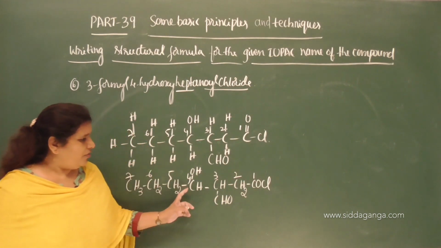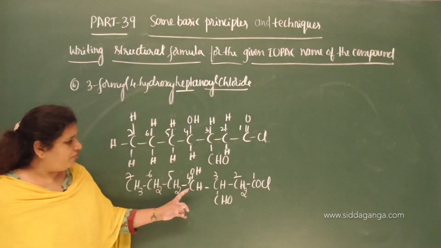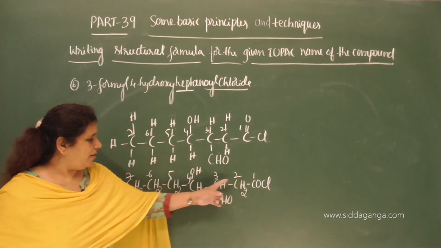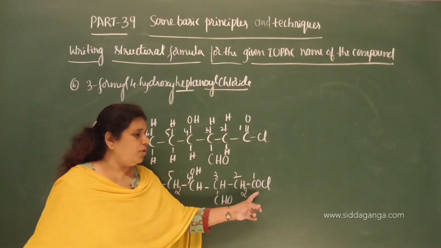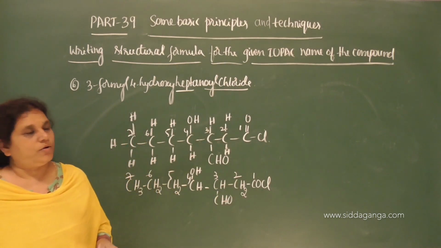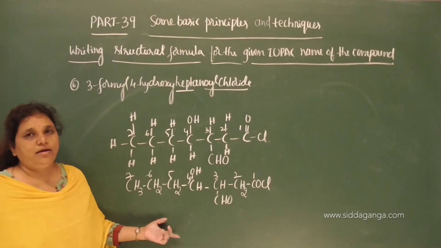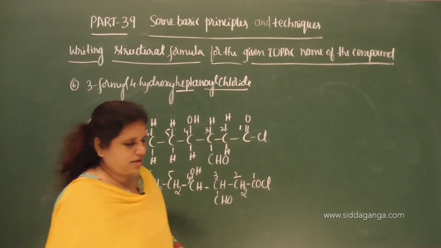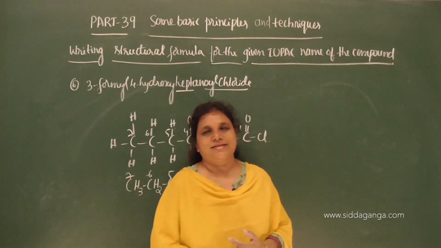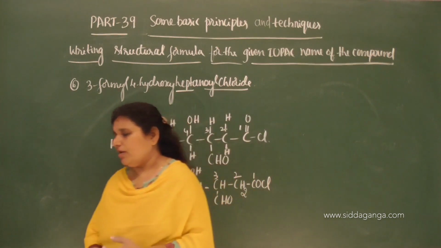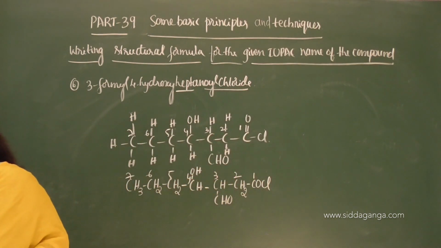See here, 3-formyl, 4-hydroxy, heptanoyl chloride, that is the IUPAC name. So, this is how we can write the structural formula for the given IUPAC name of the compound.